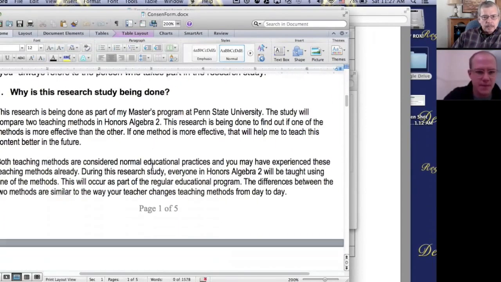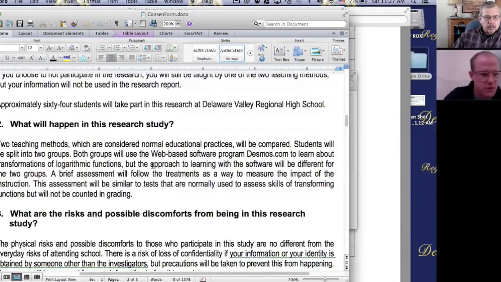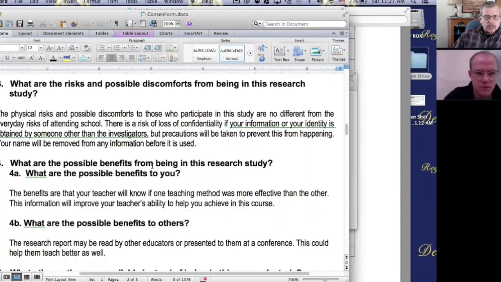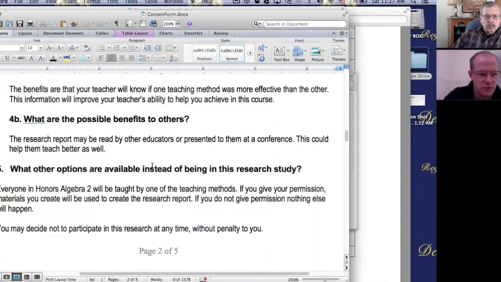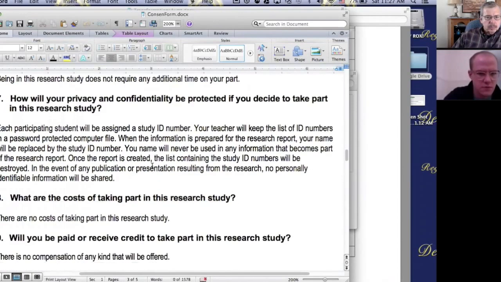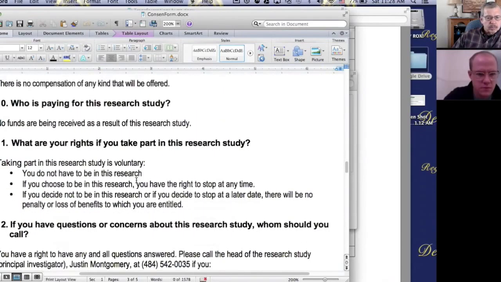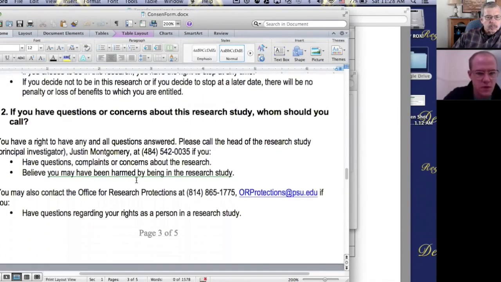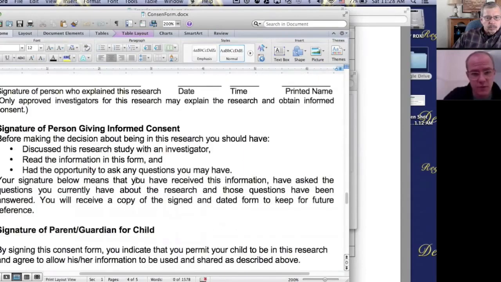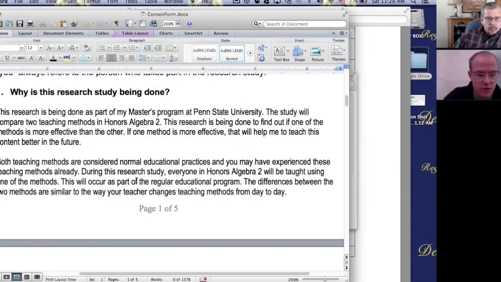Okay. Yeah. All right, let's see here. I guess with the consent form, it doesn't specify what kind of data is going to be used.